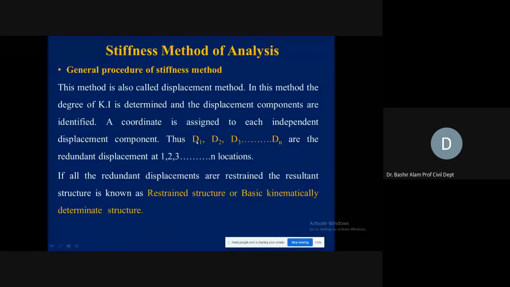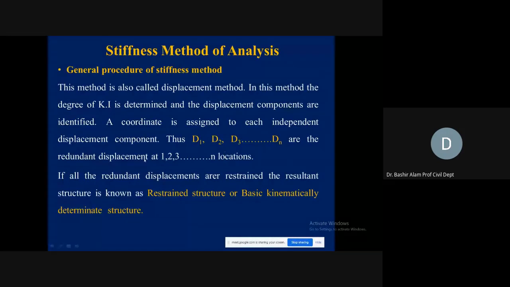There, if you remember, we identified the redundant actions and labeled them as AR1, AR2, AR3, and so on. Here the unknown quantities will be the displacements, so we will designate them by D1, D2, D3, Dn, and so on. So D is replacing AR here in this module, which is the stiffness method.